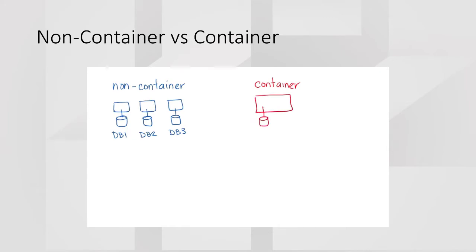A pluggable database is a database that can be easily relocated to another container. In a container database, some of the resources, such as memory and disk areas, are shared. Any of the pluggable databases can make use of them. You can relocate or unplug a database from one container and move it to another container if, for example, you need to make more efficient use of overall resources.